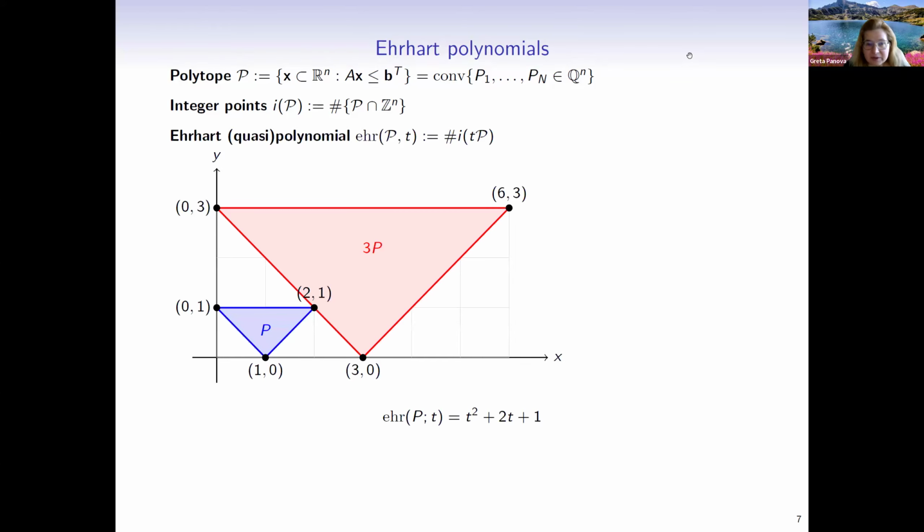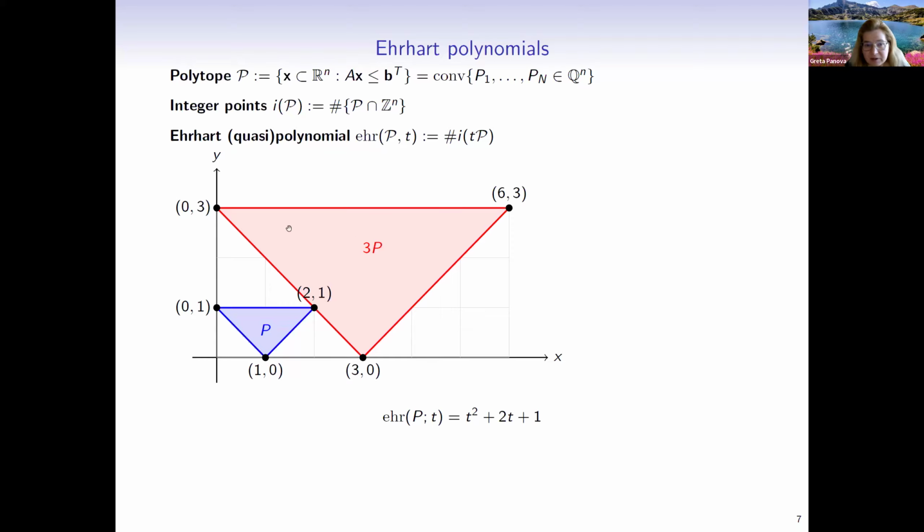Implicitly there is a theorem here: if you dilate your polytope by some factor t, and t is an integer, you can count the number of integer points. Here I have my original polytope, and I have dilated it by 3.